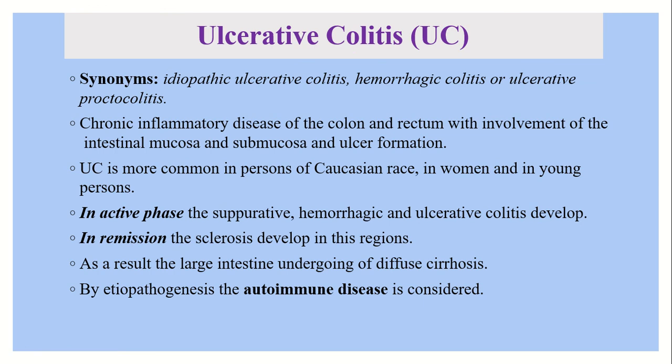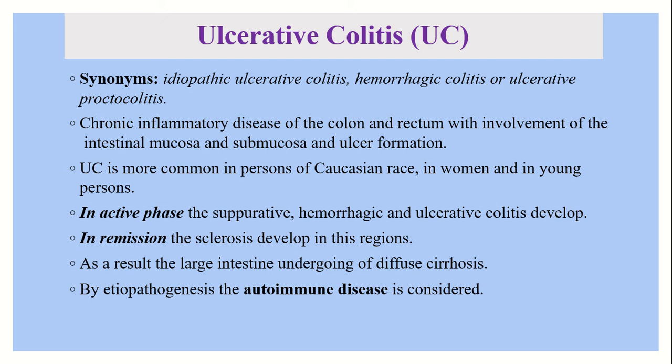Now let's discuss ulcerative colitis, which your textbook may call non-specific ulcerative colitis, idiopathic ulcerative colitis, hemorrhagic colitis, or ulcerative proctocolitis. It is a chronic inflammatory disease of the colon and rectum with involvement of the intestinal mucosa and submucosa and ulcer formation.